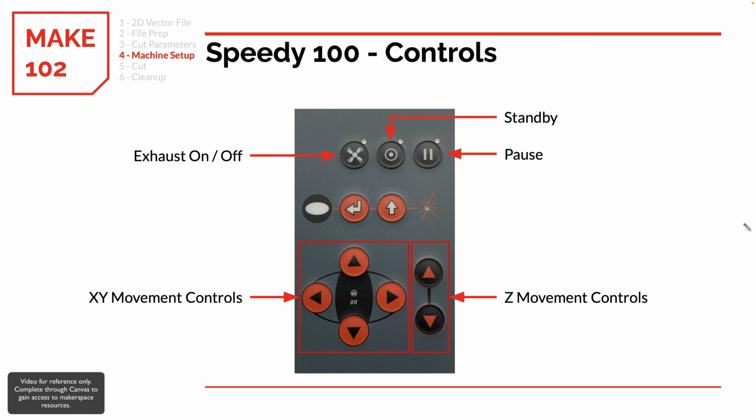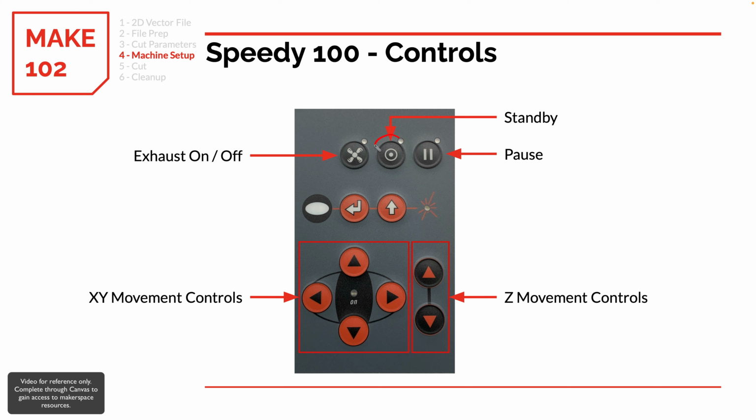On the front control panel of the laser, there are a few buttons to pay attention to. This turns the exhaust on and off. This should happen automatically when you start cutting, but for example, if you need to clear more fumes from the build chamber, you can press this and it will turn the exhaust on. This is the standby button. This leaves the laser on but turns all the critical components, including the laser, off.